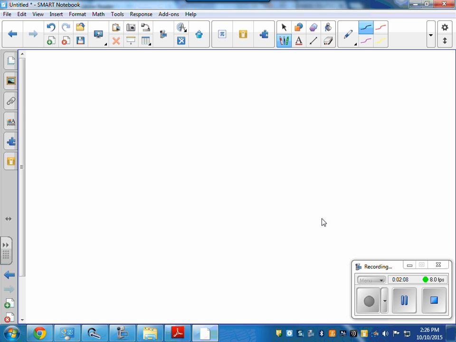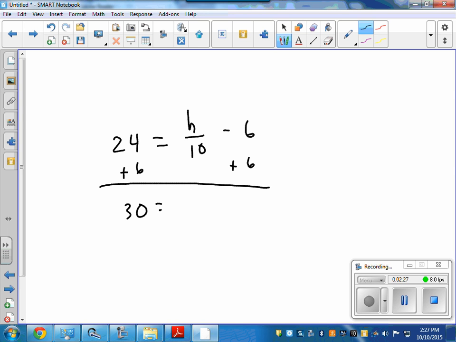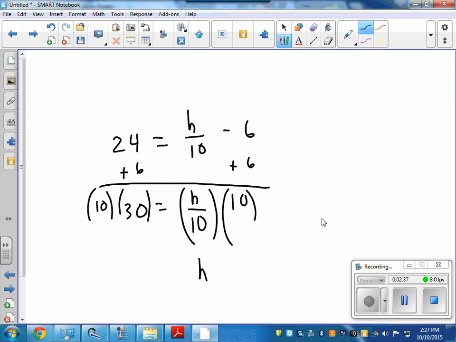So you are told that 24 is the same as h over 10 plus 6, and you've got to solve this for h. So probably the best approach is just to subtract 6 from both sides, and so that gives you 30 over here, and h divided by 10, and then multiply both sides by 10, and so that will give you 300. Okay, so h is 300.